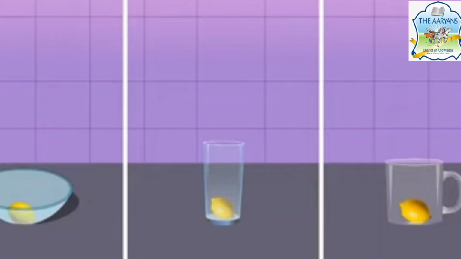For example, take one lemon and put it in different containers. First of all, we cannot pour that lemon, and it stays as it is. Whatever container we take, it stays as it is. As it is round in shape, it is round in all the containers. So we can say it does not change its shape according to the shape of the container, as liquid changes its shape according to the container.